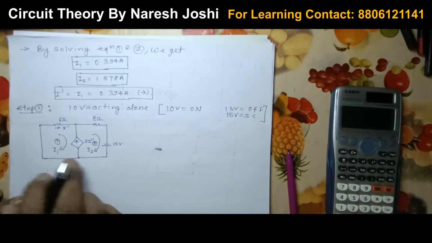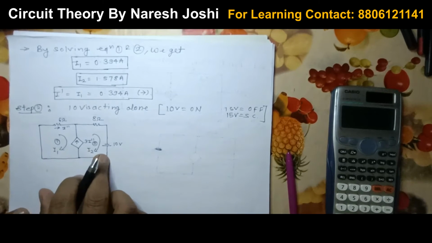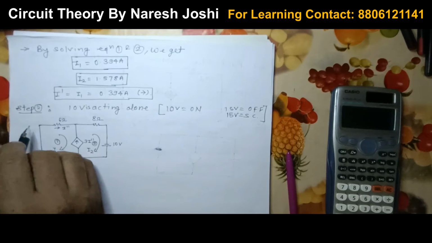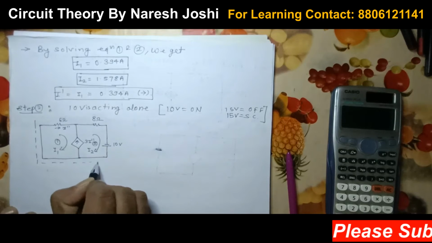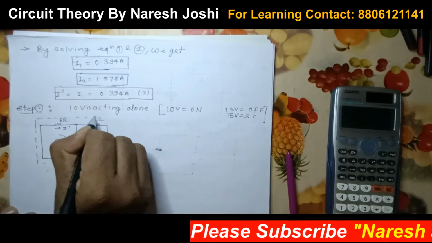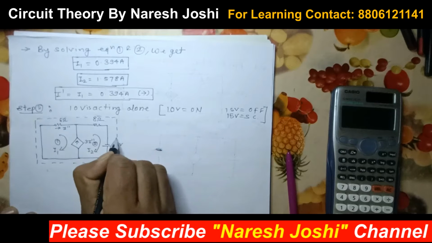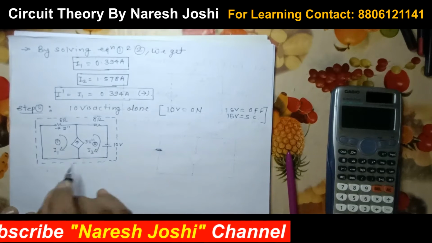Again you can see the current source is present between two meshes, so it will again be a super mesh condition. I will draw this like this. So this is the super mesh.